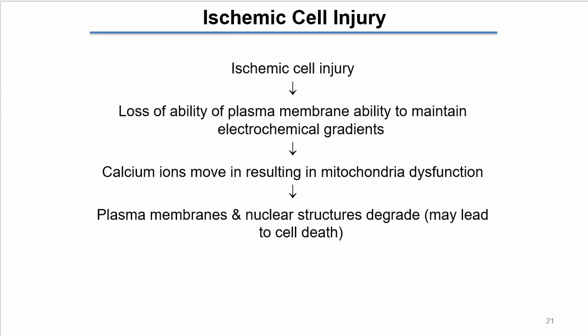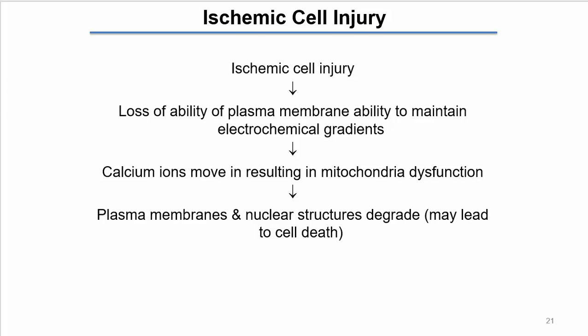Calcium ions move in. Generally the cell has very low intracellular concentrations of calcium, and when it comes in, it interferes with the mitochondria. And the mitochondria are the main source of ATP. That exacerbates the problem because the mitochondria aren't making ATP, and the electrochemical gradients get even worse.